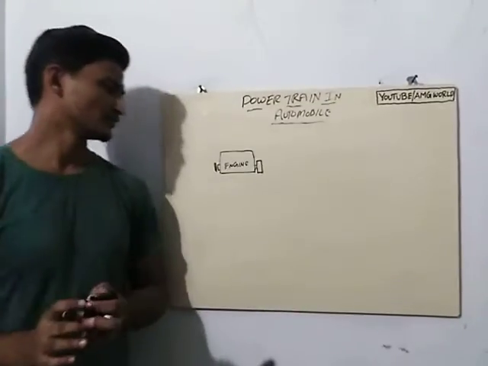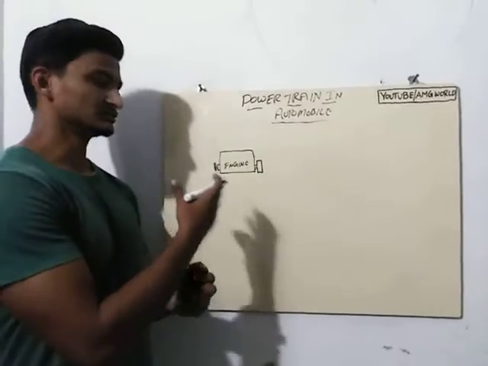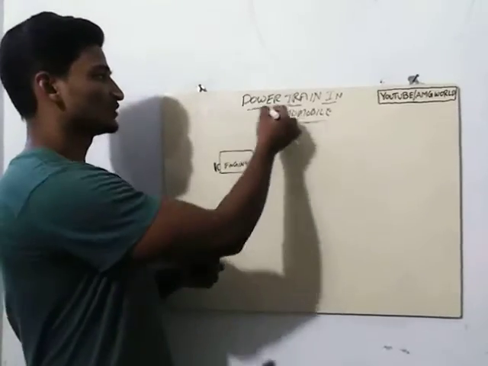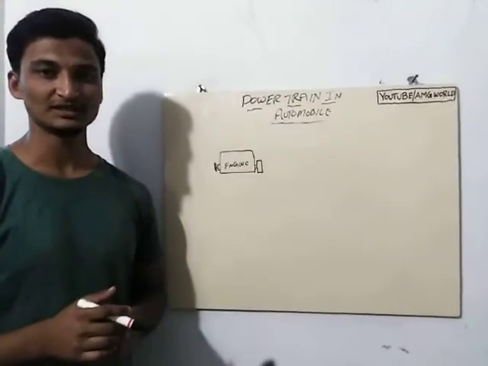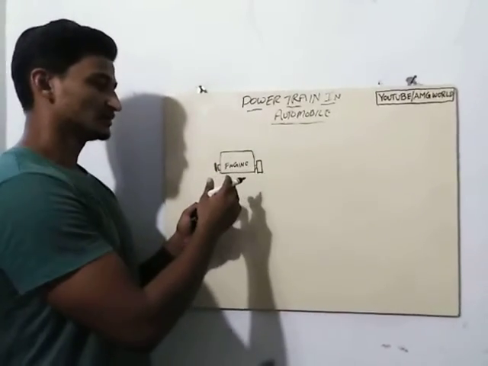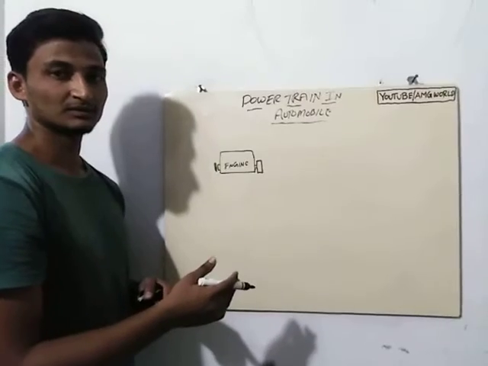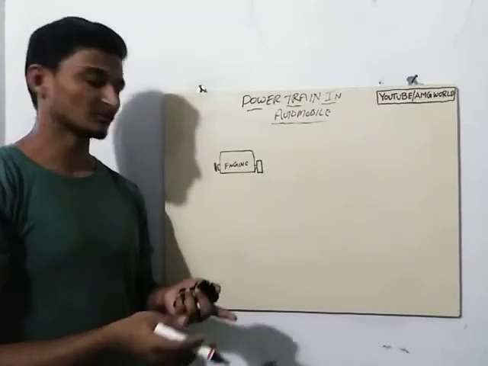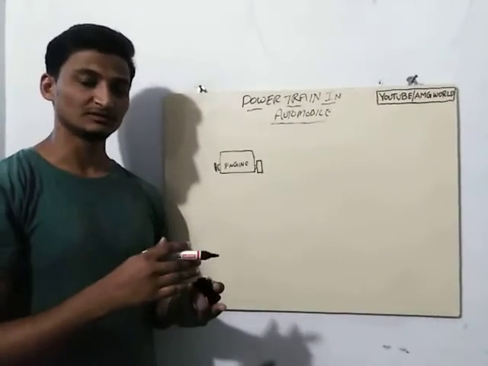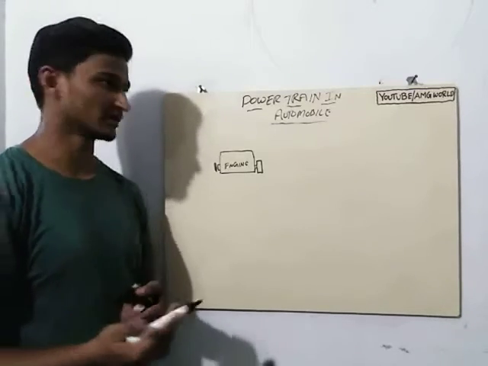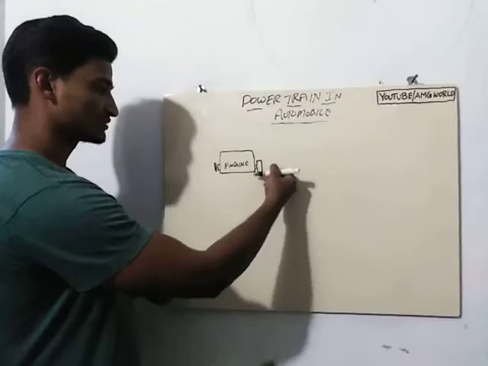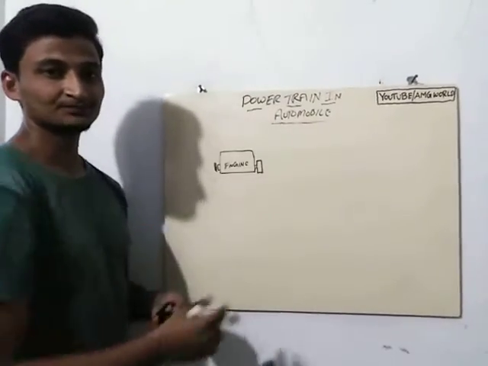So this engine generates power by converting the chemical energy of fuel into thermal energy, and thermal energy into mechanical power, right? Here we'll have this particular flywheel in rotation.